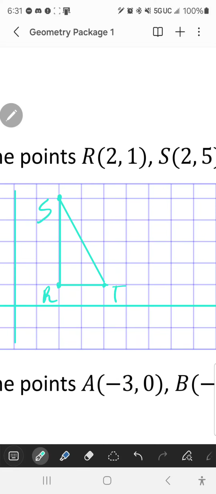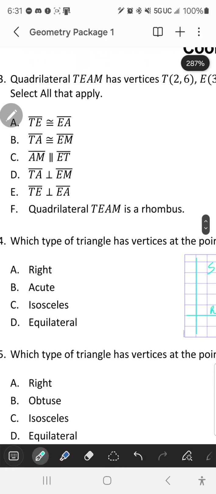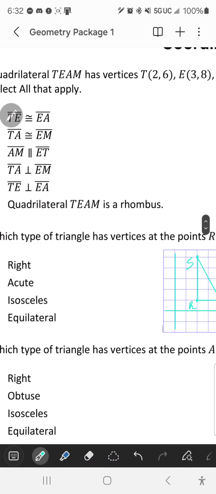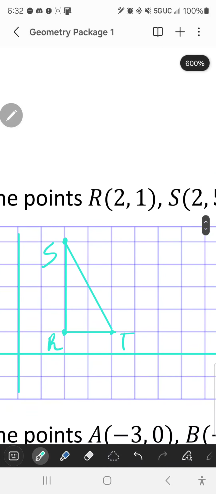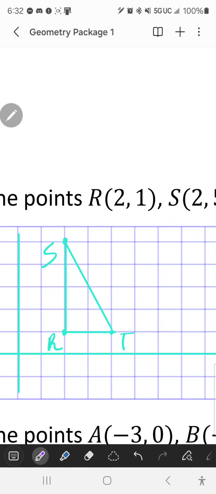Okay, you understand what it is. Now, right, acute, isosceles, equilateral? Let's first see what we have here. We have one horizontal line and one vertical line. So this is horizontal, this is vertical. And since they are perpendicular, we know that this is a right angle.